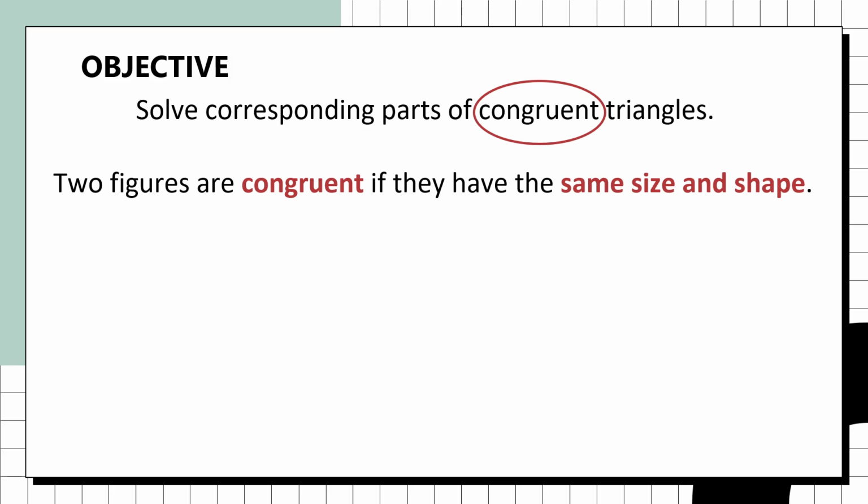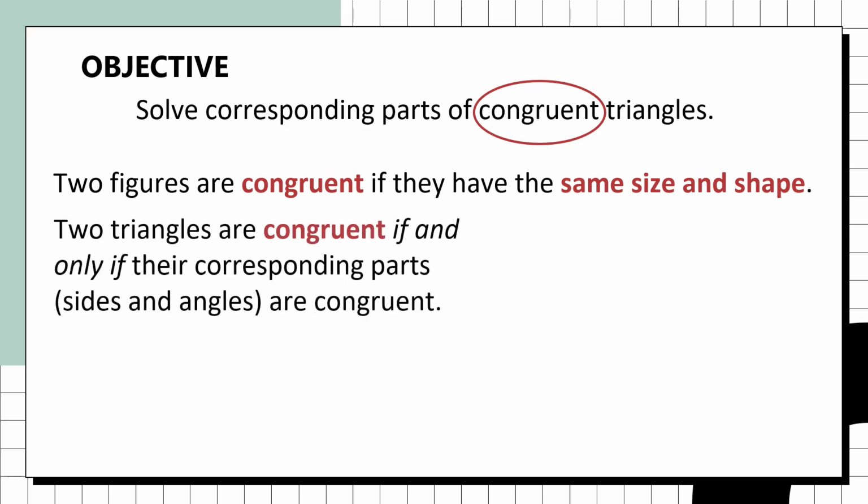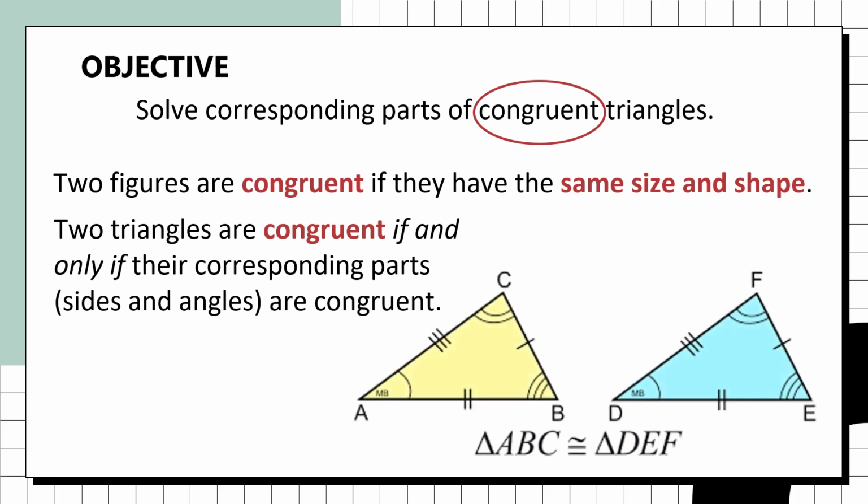Pero dahil ang pinag-uusapan natin ay triangles, okay, two triangles are congruent if and only if their corresponding parts are congruent. Kaya naman, 'di ba, yun ang una nating ginawa. We tried to identify ano ba yung mga corresponding parts. Okay?